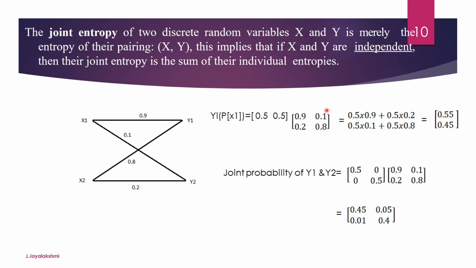This you have to multiply with your channel, so this is going to be the resultant joint probability of y1 and y2. So this is going to be the x1 y1, this is the x1 y2 component joint probability, this is the x2 y1 probability, and this is your x2 y2 probability.